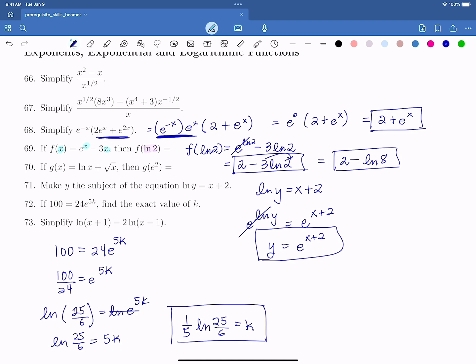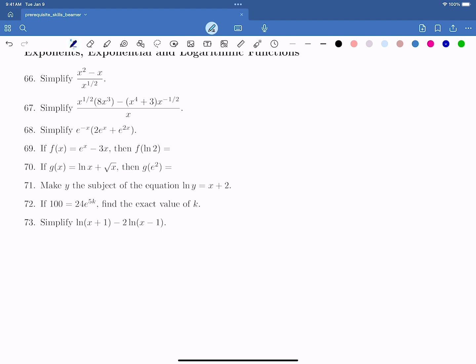All right, then our last problem. Simplify. ln x plus 1 minus 2 ln x minus 1. I need to use some properties of logs here. The first thing I'm going to do is move this 2 into the exponent position there.